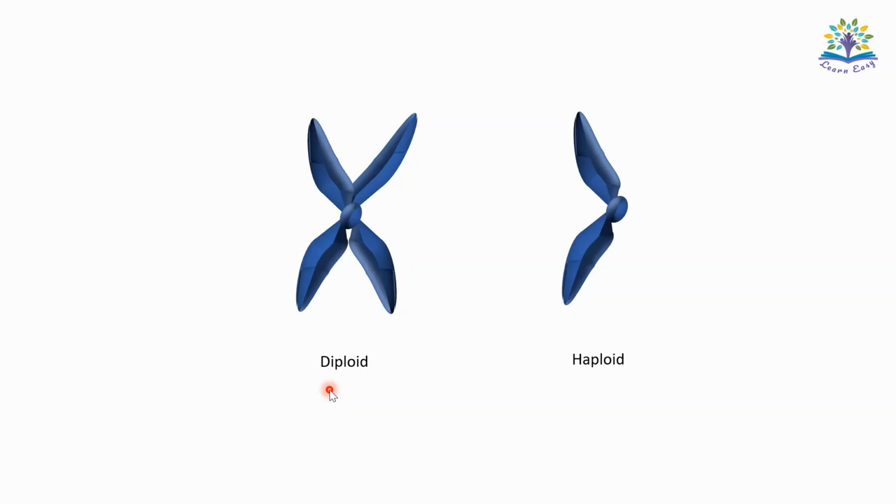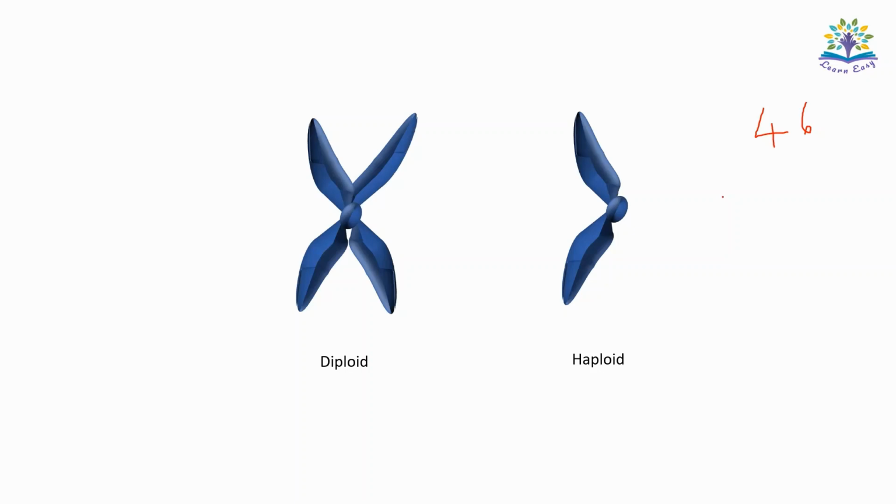In the somatic cells, diploid chromosomes are present and in gametes, haploid chromosomes are present. Now, why do the gametes have only half the number of chromosomes? To understand this, let's consider the example of humans. A human has 46 chromosomes.